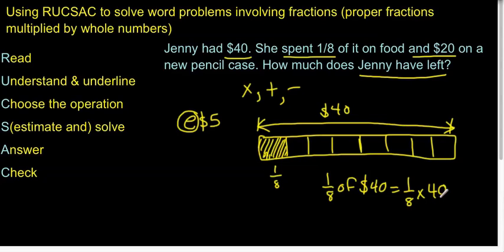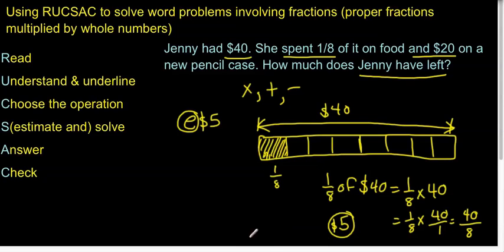We can write that as 1/8 times 40 over 1, and multiply that out. 1 times 40 is 40, and 8 times 1 is 8. So 8 into 40, if you know your 8 times table, should be 5. So that means that 1/8 of 40 is $5.